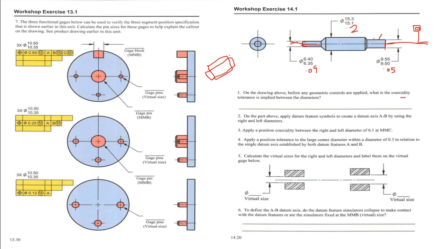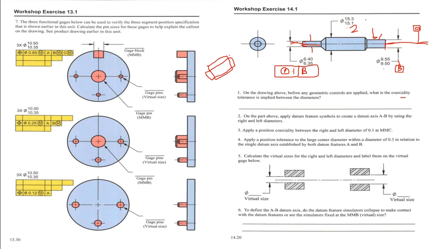Okay, so for this I can say this size is my datum B, and here I can define a coaxiality tolerance of 0.1 with datum B. Then next apply a position tolerance to the large center diameter within a diameter of 0.3.